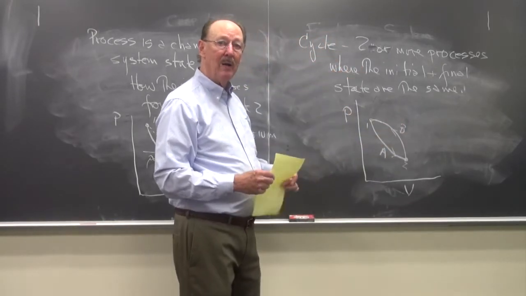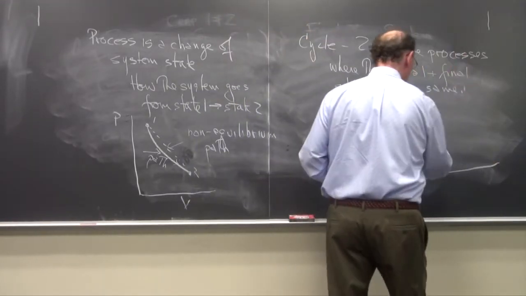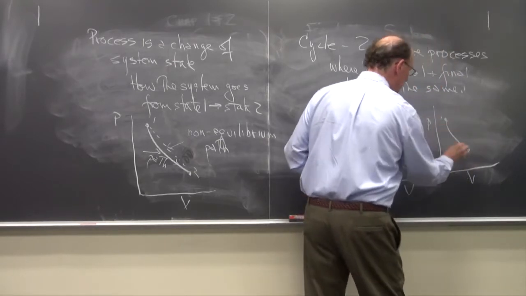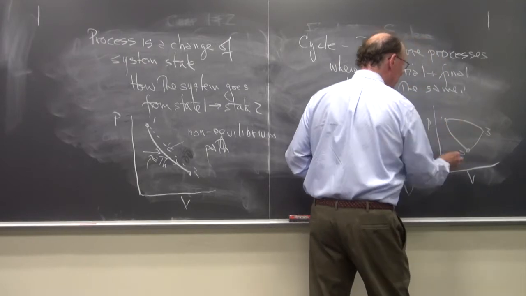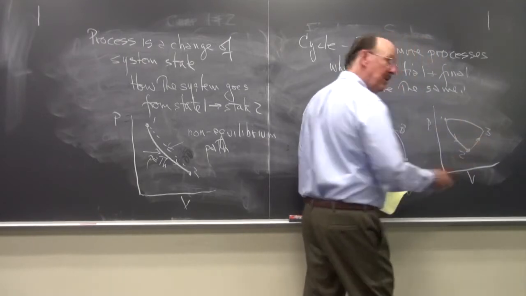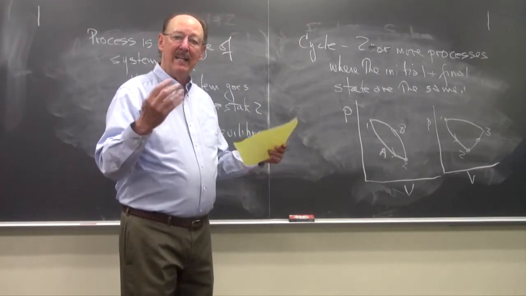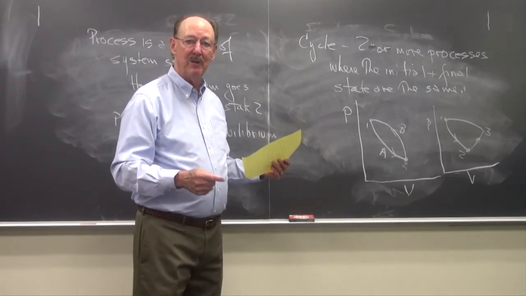I could have 3 paths, or 5 paths, whatever number of paths I want. I could have 1 to 2, 2 to 3, 3 to 1. They're all cycles, and systems that undergo cycles have certain energy properties associated with them that are very good.